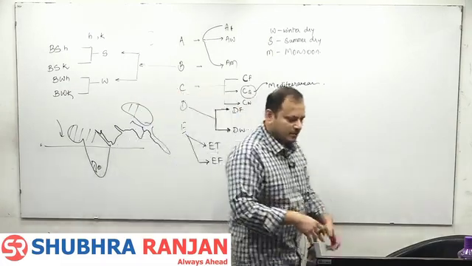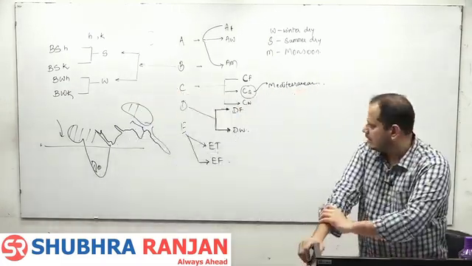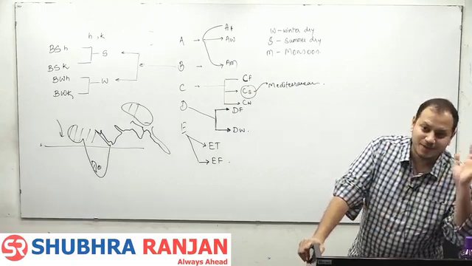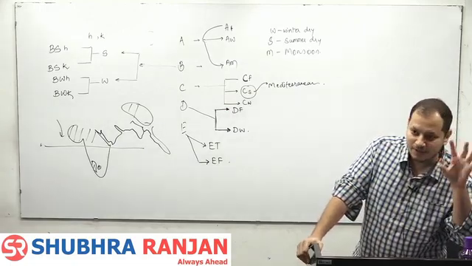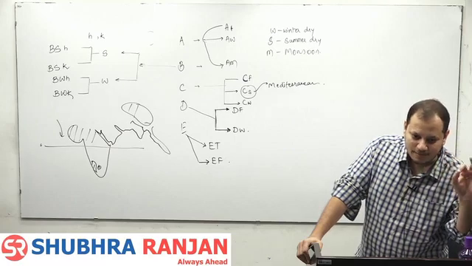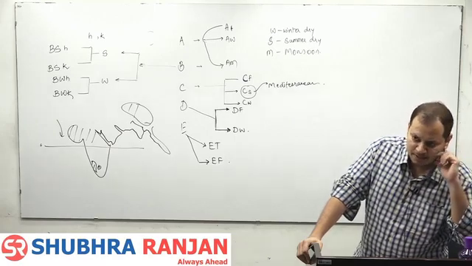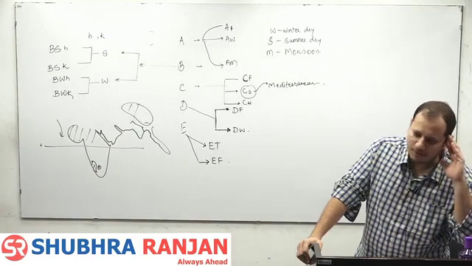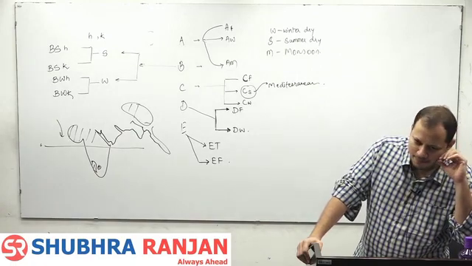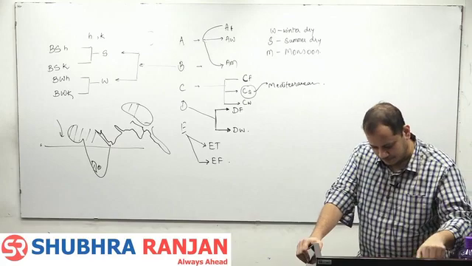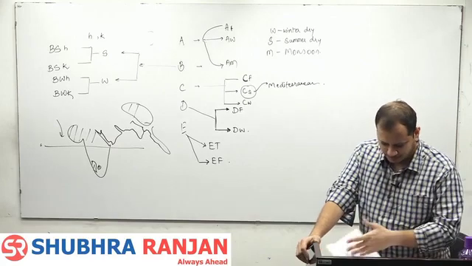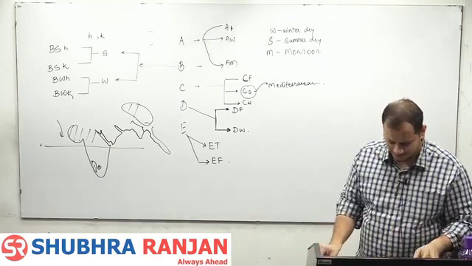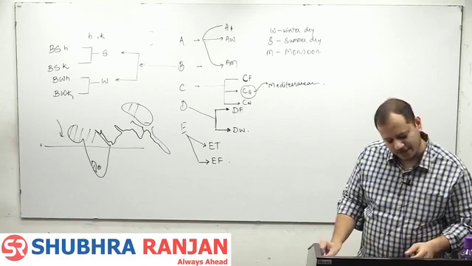Right? This is the Köppen classification of the world climate. Fine? Advantages we have written. Tell me the disadvantages. Think a little. It is too simplistic, right?